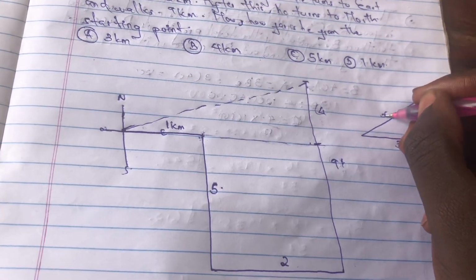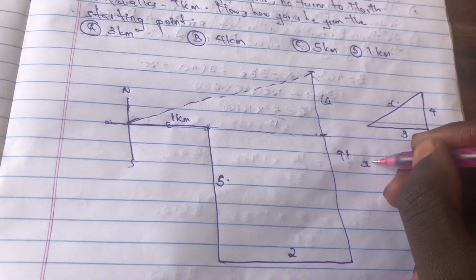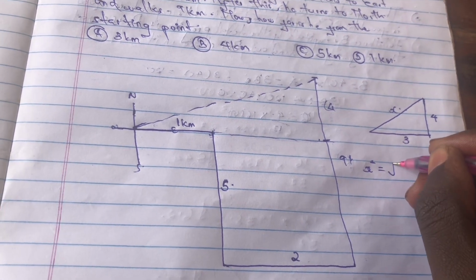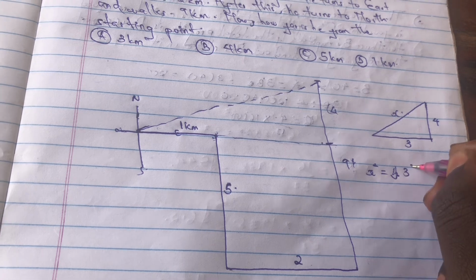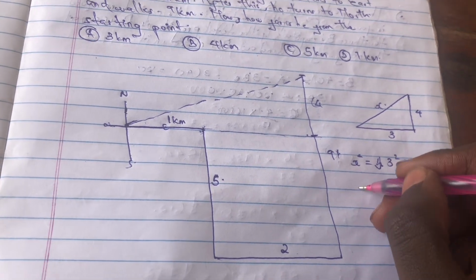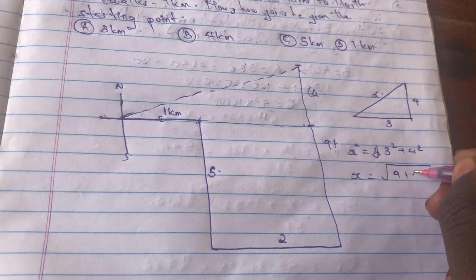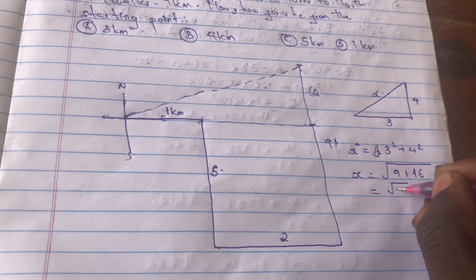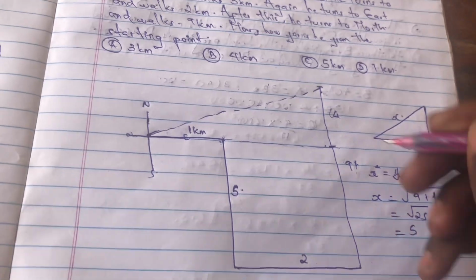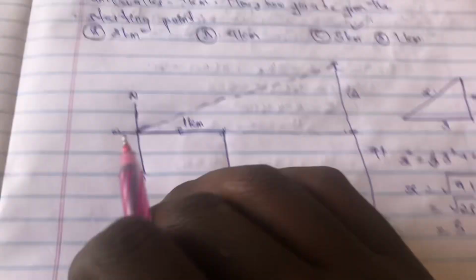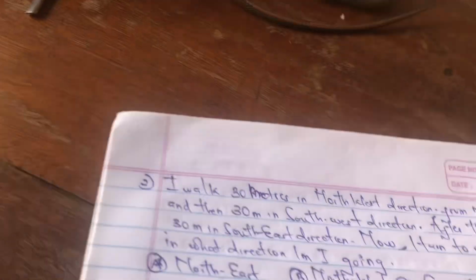So we are going to find this distance X. We can use the Pythagoras theorem. X squared equals 3 squared plus 4 squared. So we remain with x equals the square root of 9 plus 16, which is the square root of 25, and the answer is 5, which will be this. Are we together? Let's try out the second one.